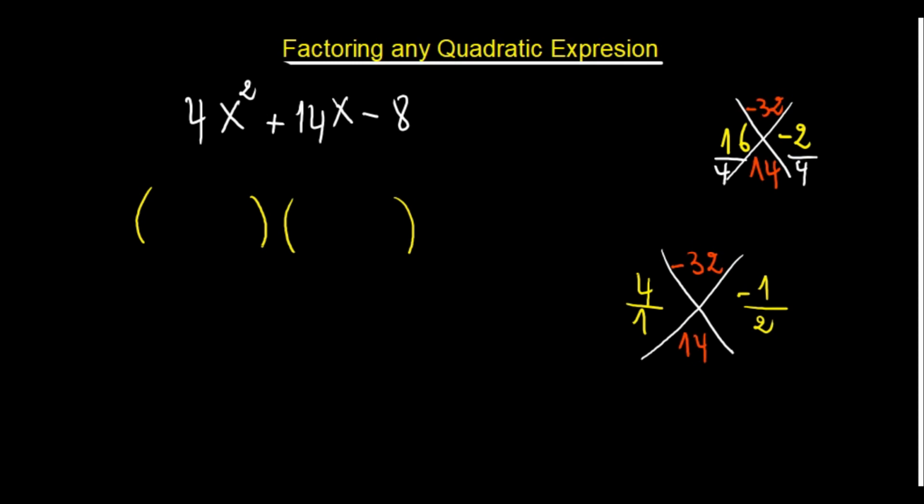Okay, you are almost done with the factoring. The bottom number gives you the coefficient of x, so we have 1x. The top number gives you your constant, so just 4.